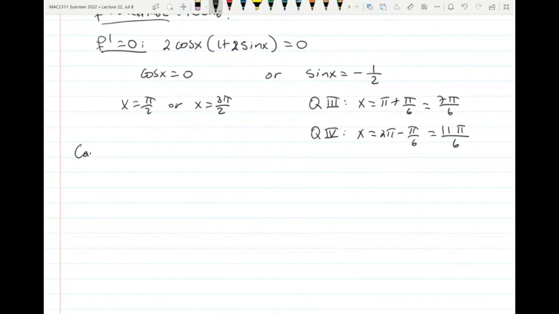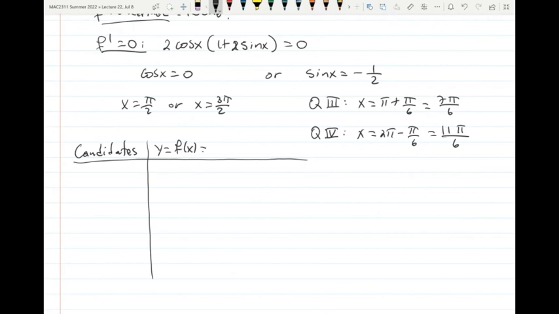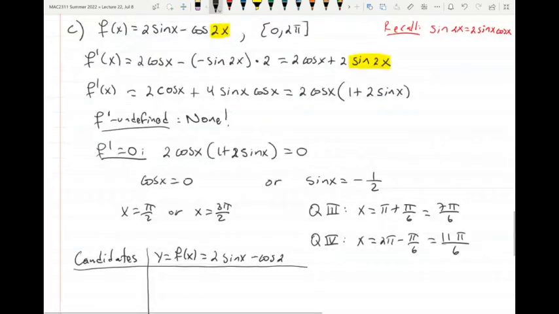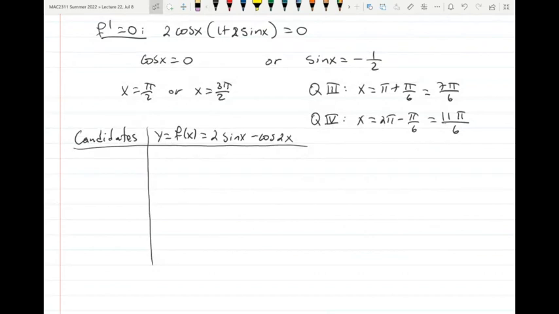Candidates is going to be a bigger table now, and then we have here y equals f of x, and remember the function is 2 sine x minus cosine of 2x. Okay, let's put the candidates.